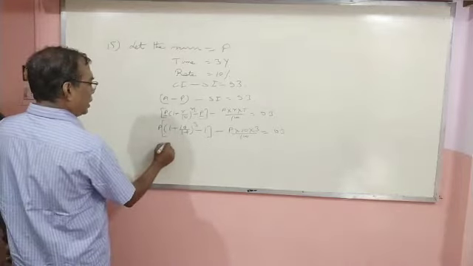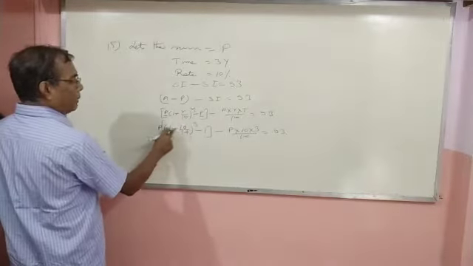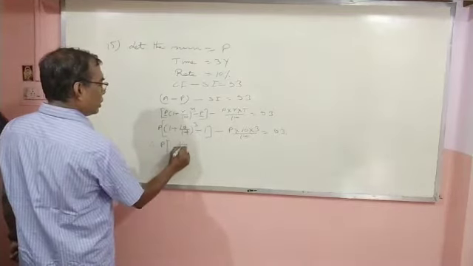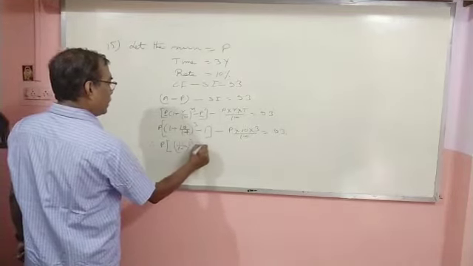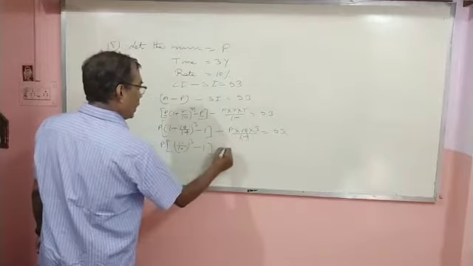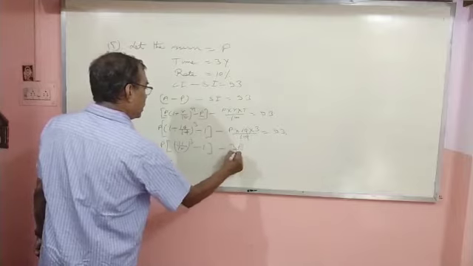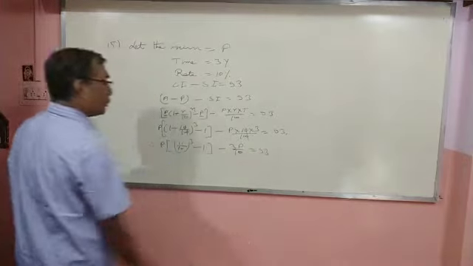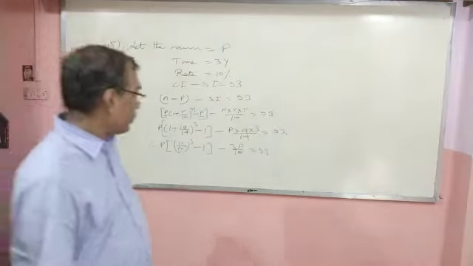So therefore P square bracket 10 plus 1, 11, 11 by 10 cube minus 1, 0 cancel, minus 3P by 10. Don't lose your patience. That is very important for this type of lengthy solutions.